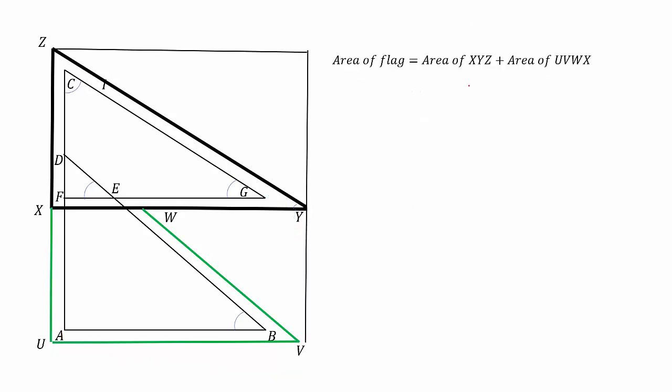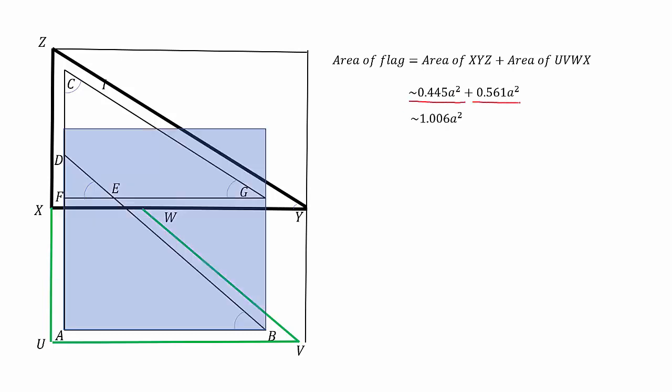So the total area of the flag is the area of this black portion and the area of this green trapezium. By approximation we add these two values to get approximately 1.006 a squared, and this is where it turns out interesting.